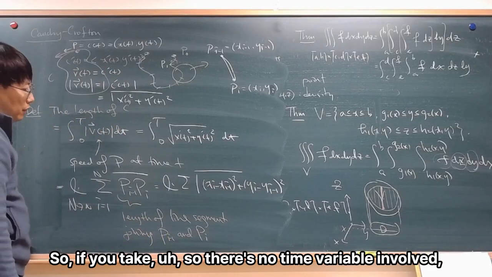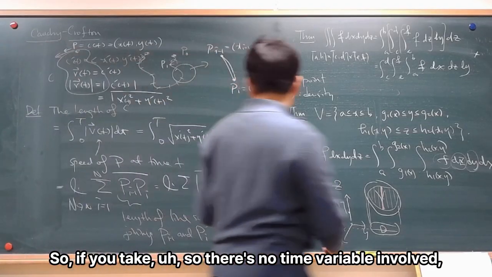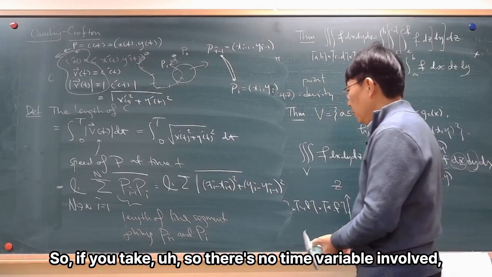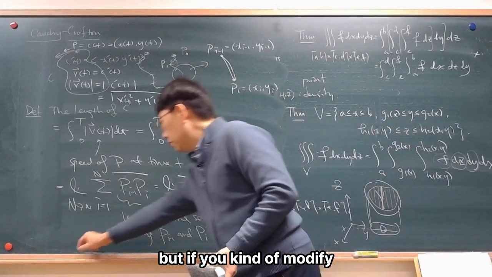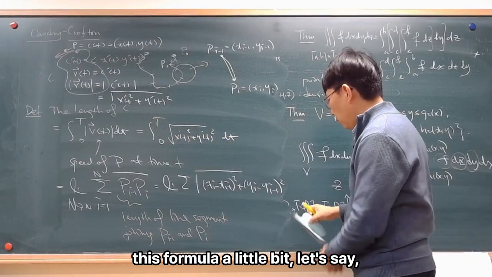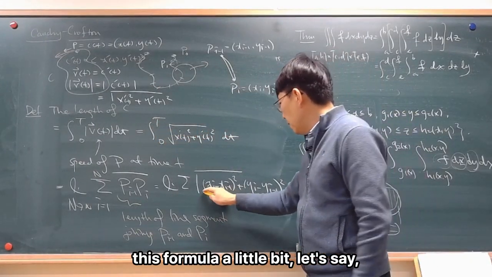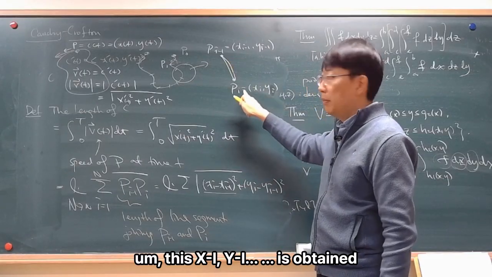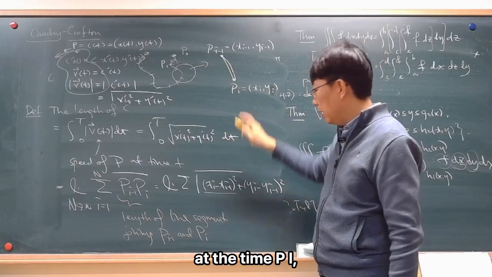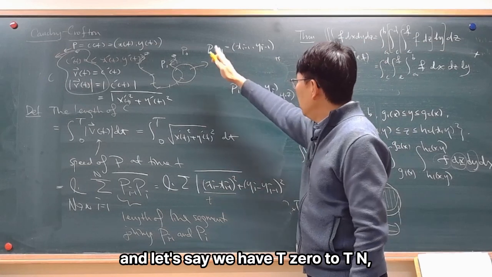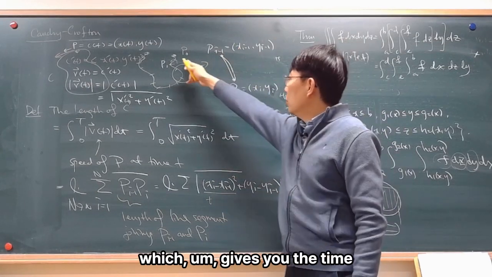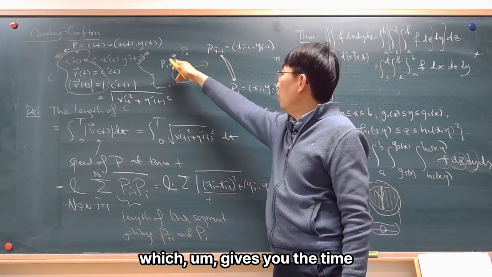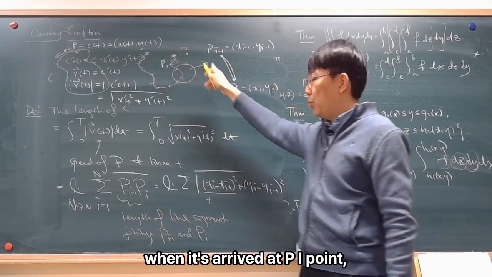So there's no time variable involved, but if you modify this formula a little bit, let's say this (xi, yi) is obtained at the time ti, and let's say we have t0 to tn, which gives you the time when it arrives at the points Pi.